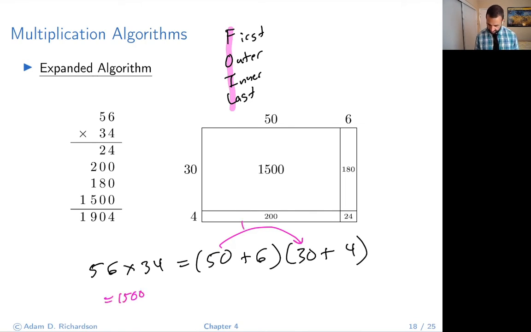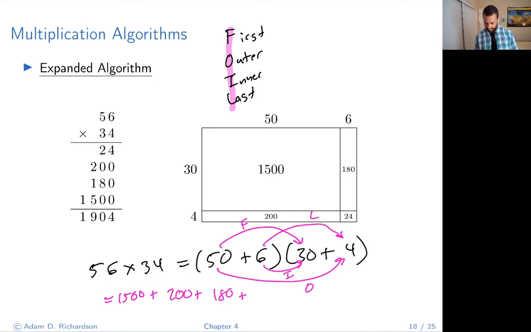Then you multiply, see, these are the first terms. Then you multiply the outer terms, and that's going to be 200. Then you multiply the inner terms, that's going to be 180. And then you multiply the last terms, L, F-O-I-L, FOIL, and you end up with 24.